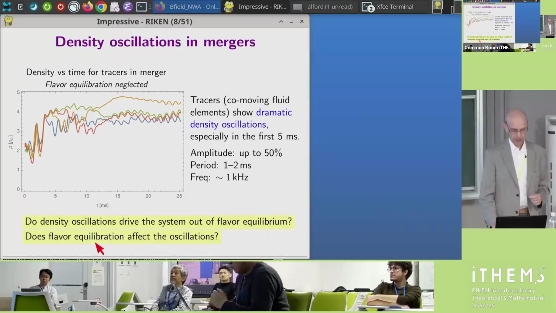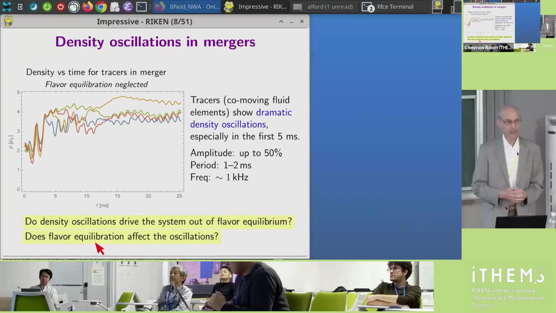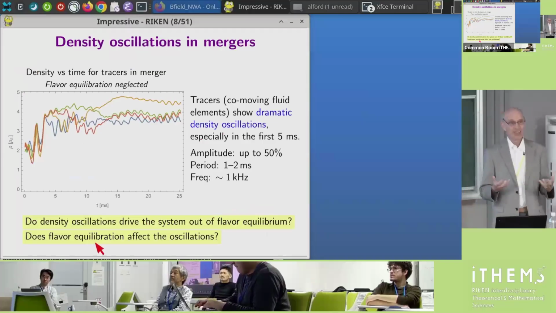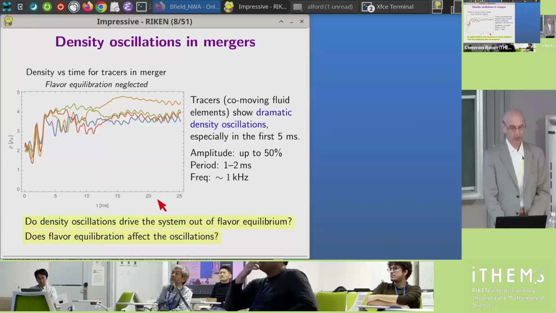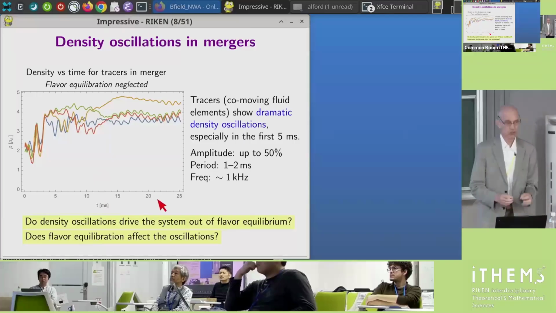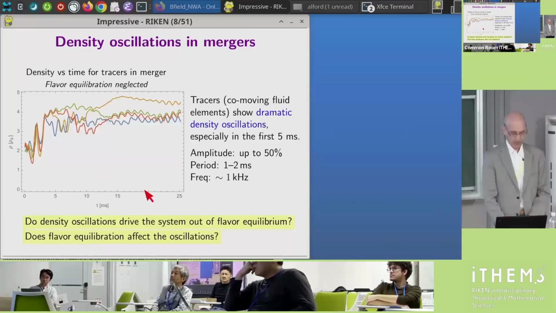All right, so let's talk about density oscillations. Are there density oscillations in neutron star mergers? Well, we look at simulations. Here is data from a simulation done by the Frankfurt group. Along the bottom is time in milliseconds, so we're seeing the first 20 milliseconds or so after the neutron stars merge. These individual lines show the density, up the vertical axis in units of saturation density, of individual fluid elements.